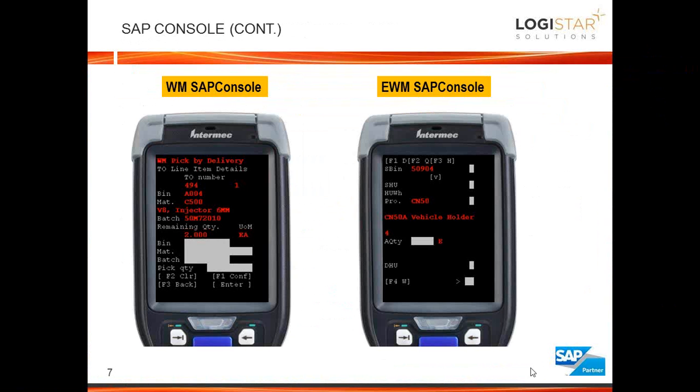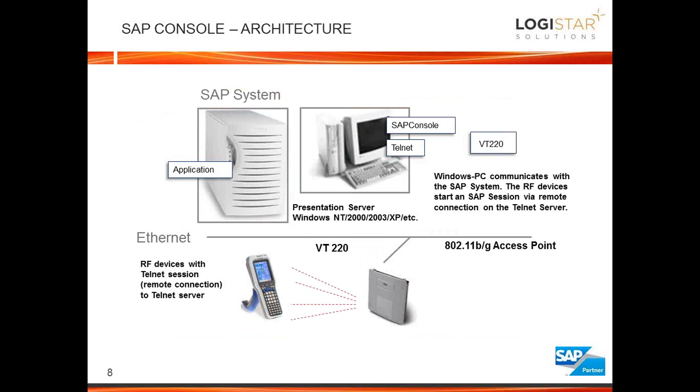Those would be the inputs that you would enter on the device. Over on the right-hand screen with EWM, there are some function keys at the top as well as function keys at the bottom. Again, these are standard delivered solutions from SAP.